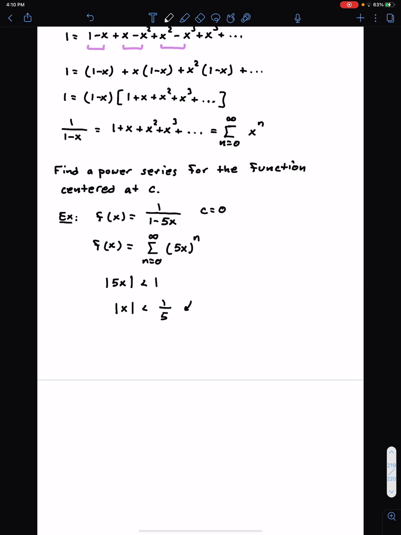So 1/5 is the radius of convergence. If I expand this compound inequality, negative 1/5 is less than x, which is less than positive 1/5. And this would be the interval of convergence.